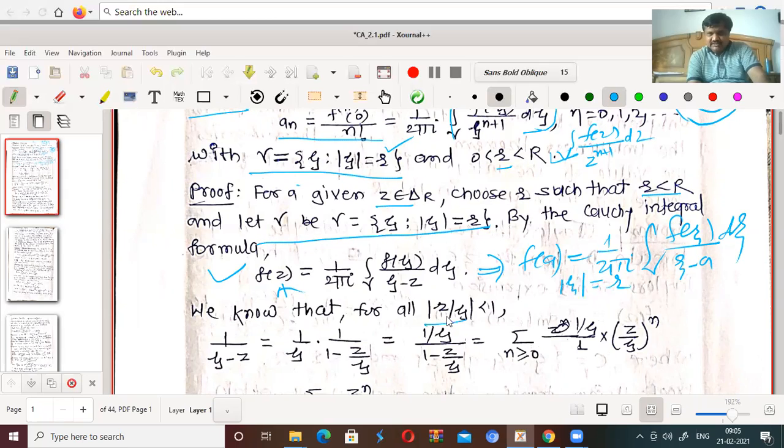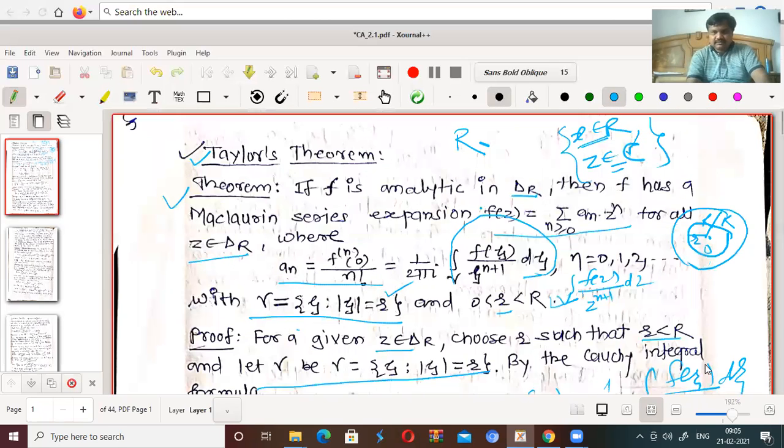Therefore, r upon xi, what is it? z upon xi. I think this is z upon xi, not r. Where have we taken z? z is in the disk of radius R. So z can be taken anywhere inside this outer circle, this disk.